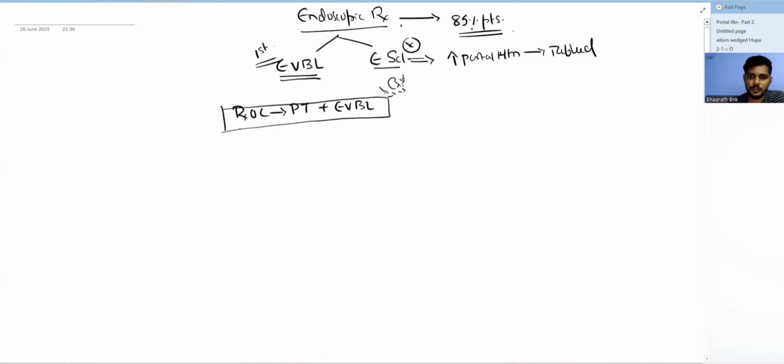Endoscopic band ligation will control the bleed in about 85% of patients. But in some patients who are bleeding so much that even if you give a wash, you are not able to find the varix, you cannot deploy a band onto the varix.